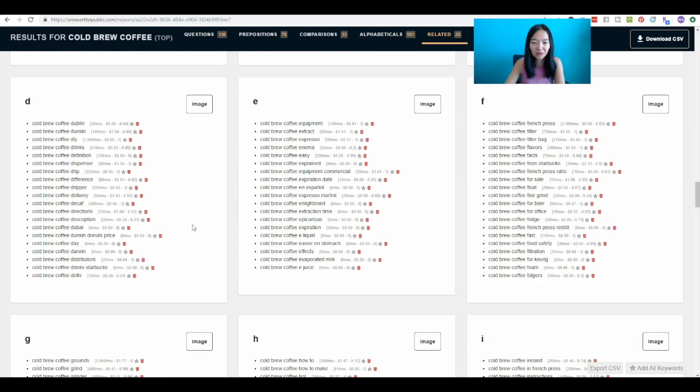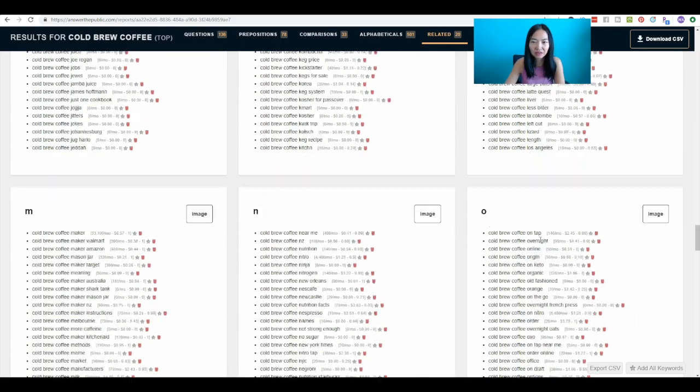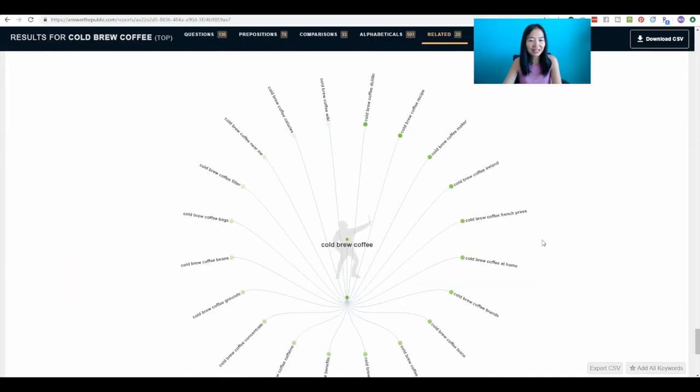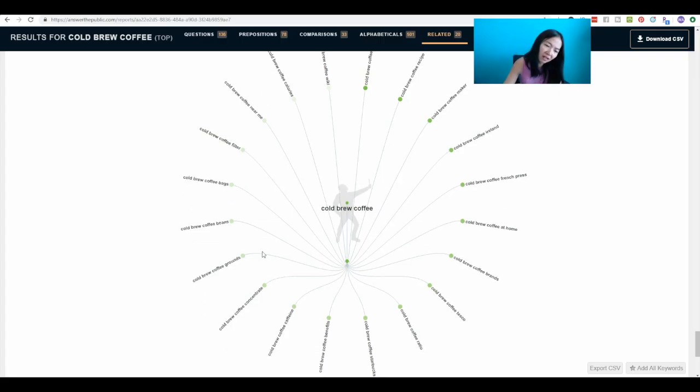Look at all these keywords that you can use in your blog posts. And then also related, there's 20 related things. Cold coffee maker, recipes, cold brew coffee calories, cold brew coffee grounds, cold brew coffee beans.